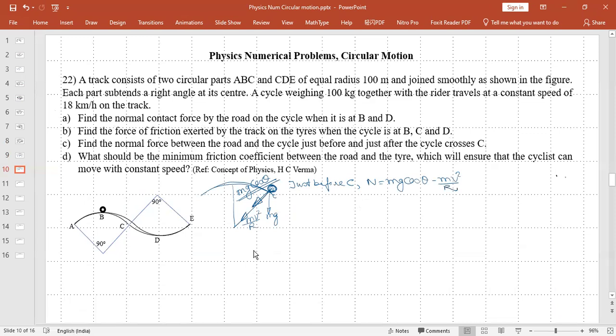This is equal to m is 100, g is 10, cos theta is cos 45, 1 by root 2, which is 0.707, minus this value we have earlier found, it is 25. If you calculate this, you will find it 682.